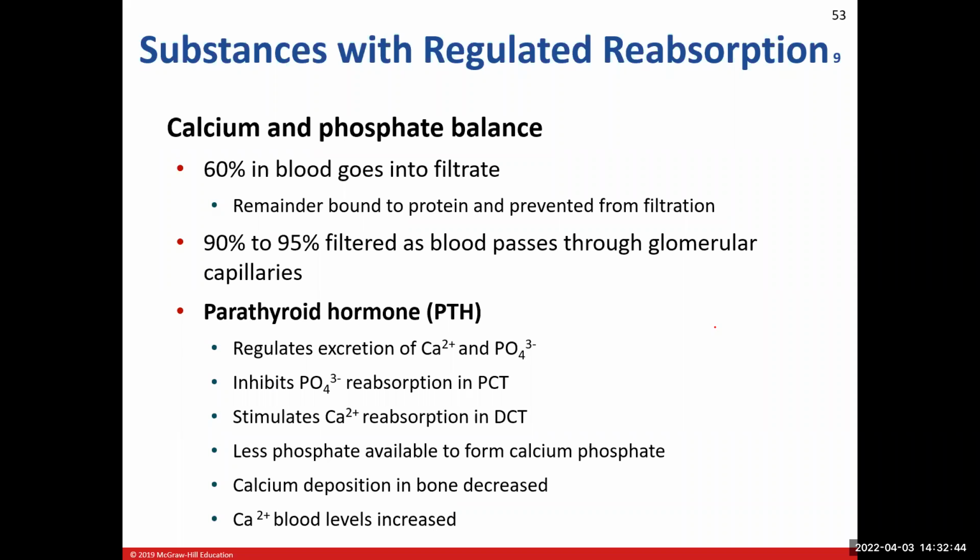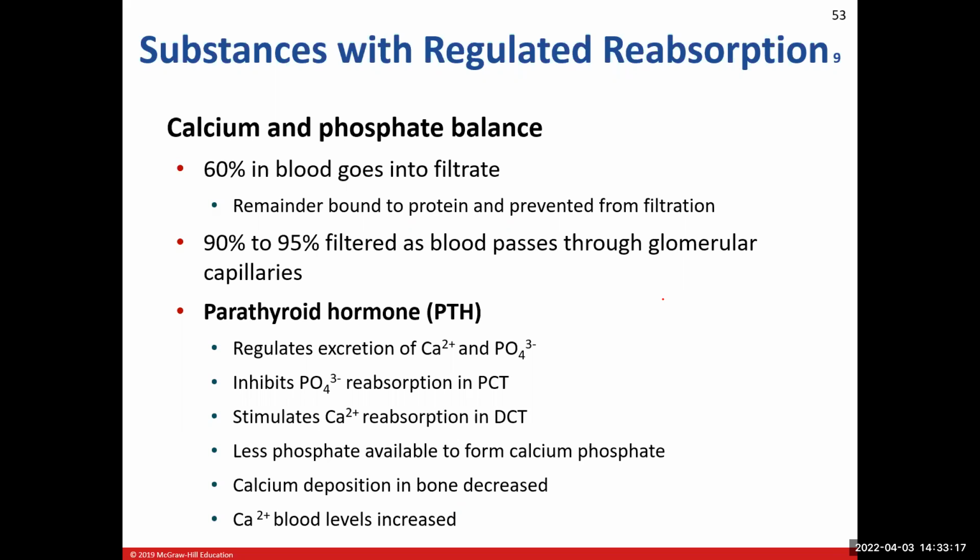We saw calmodulin in the sarcoplasm of our smooth muscle cells. But point being, when you get your blood drawn and they look at different levels of certain ions and they see your calcium is at this number, that's the unbound calcium. That's just the free-floating calcium. So 60% of calcium and phosphate goes into the filtrate.